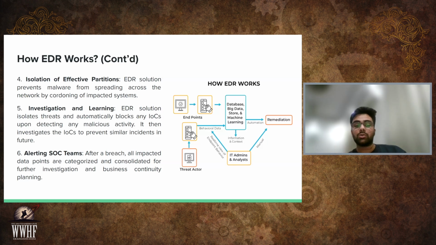If an EDR solution identifies that system A is compromised, it will cordon it off from the entire network, preventing any malicious actor from jumping to system B or system C from system A. Similarly, EDR solutions also employ machine learning and artificial intelligence technologies to continuously learn information about your system and your network, and to identify whether or not certain things that are happening are anomalies. They can also alert your SOC depending upon the severity of the alert.